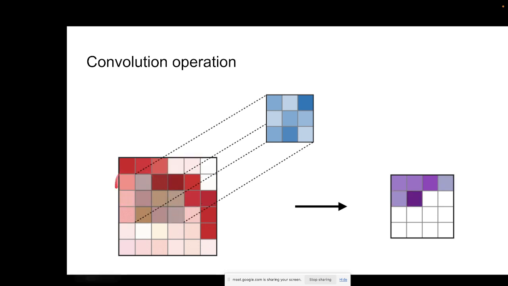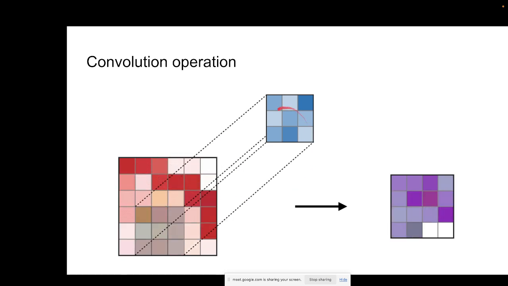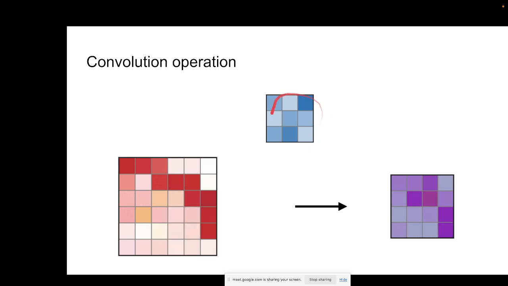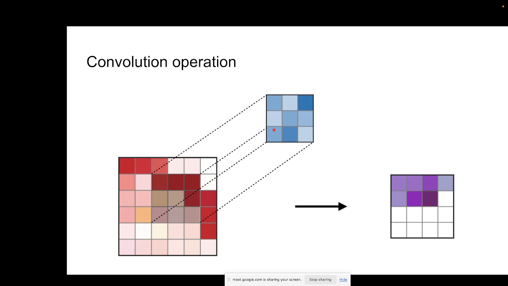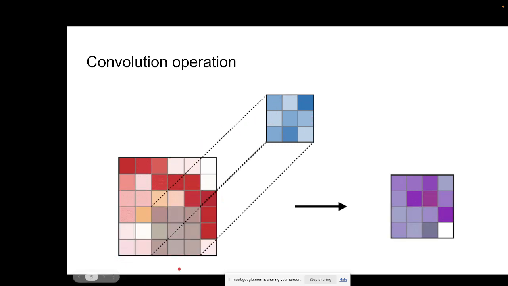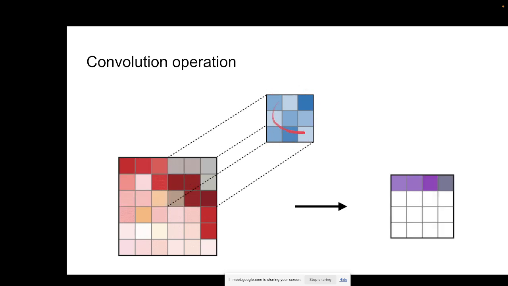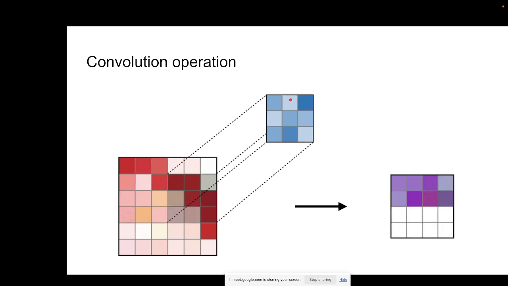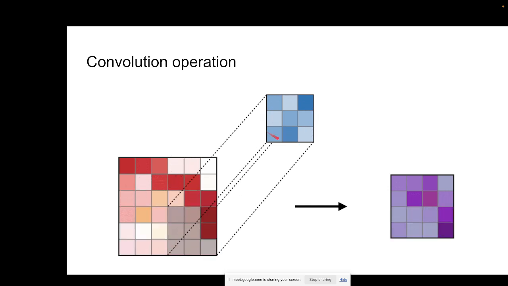If the patch size is 3 cross 3, our parameter matrix will also contain 3 cross 3 elements. Now just follow this GIF. We have this parameter matrix, which we call kernels or filters. So this filter we have.